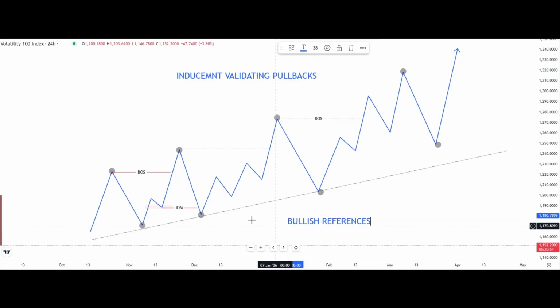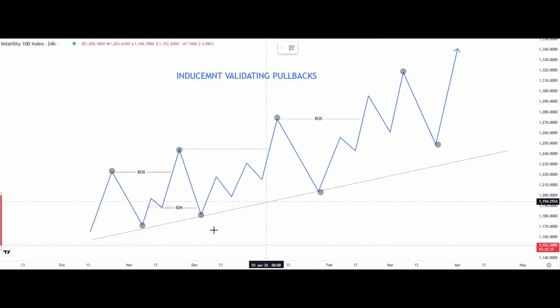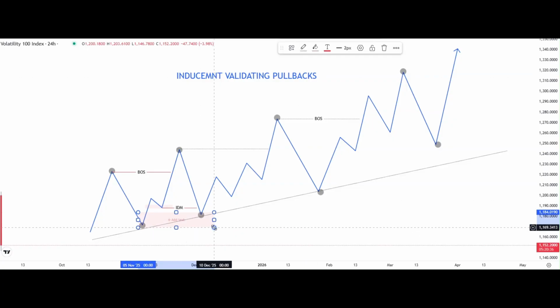The moment you start to use a change of character in a bullish trend, you're basically going to be complicating the confluence that you're trading. So as it is bullish, this area of early buyers would have been your area of inducement or your trap, right? And your area of demand would have been this specific zone that we're looking at here.